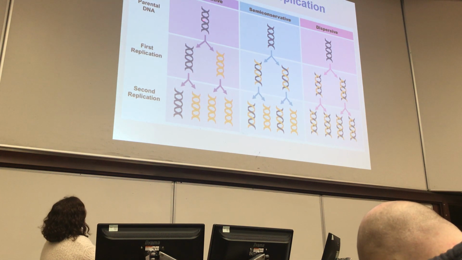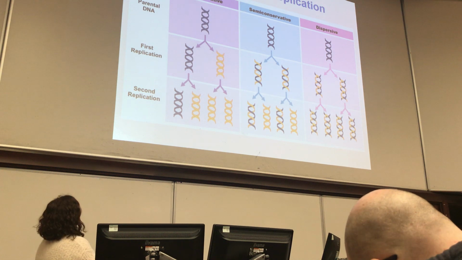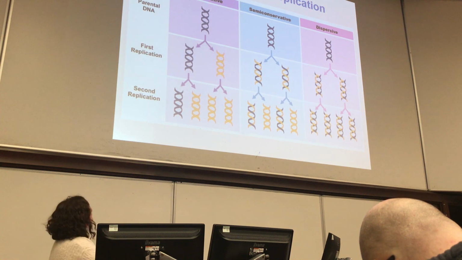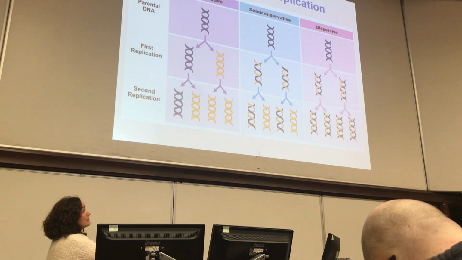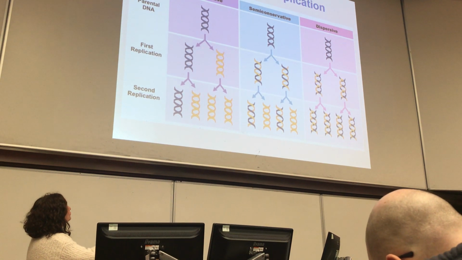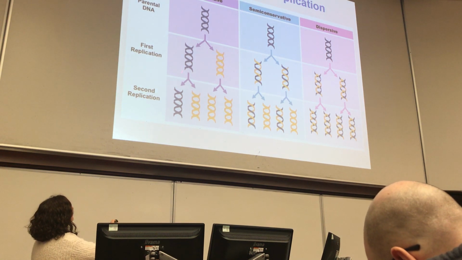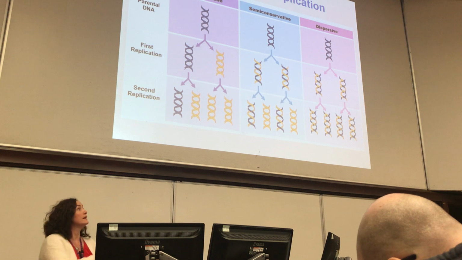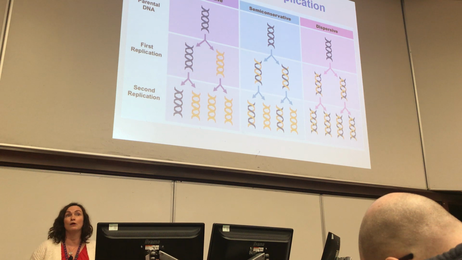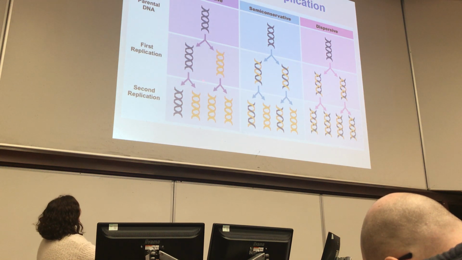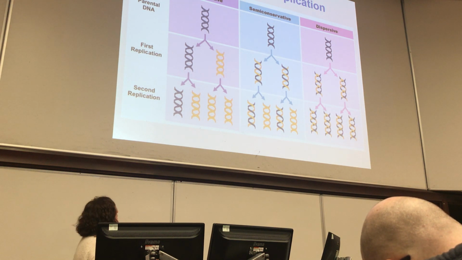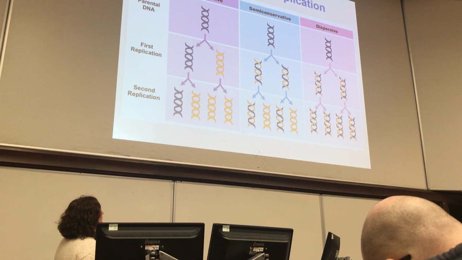The conservative model, as the name suggests, so this isn't really rocket science at all, is that somehow the parental strand will unwind, act as a template for the synthesis of a new strand, but then the original parental strand will reform, giving rise to one conserved original strand, and then a completely newly formed daughter strand. And then in subsequent rounds of replication, you can see what's happening. So that was one other option to the semi-conservative model.